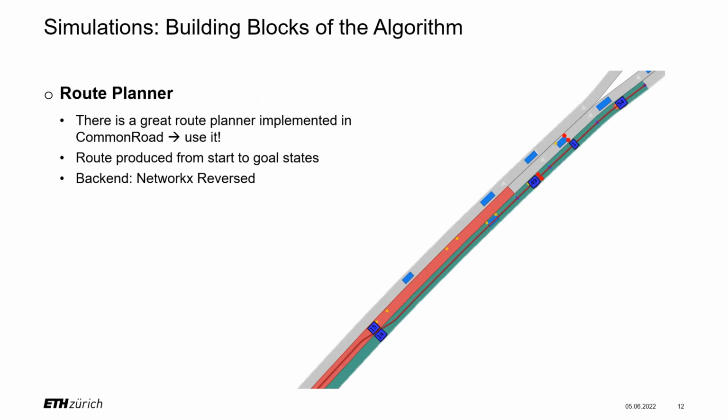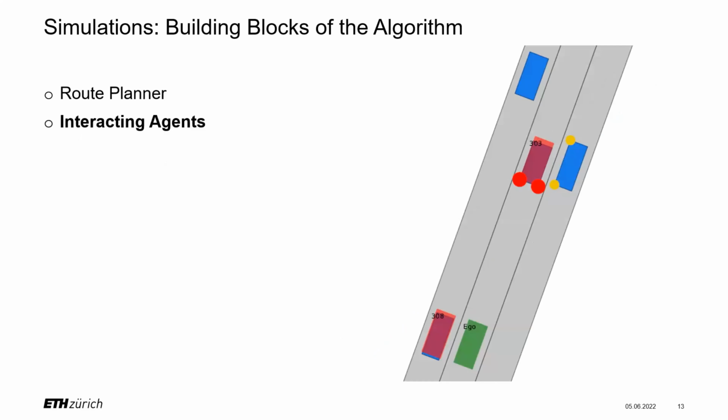For the route planner, there is already a very good route planner implemented in CommonRoad, so we just went with that one. We produce a route from a start to a goal region, and as a backend, we use the default, as a detail for whoever is interested, which is NetworkX reversed. For interacting agents, solving the game is quite computationally intensive, so we need to limit the number of participants in the game.